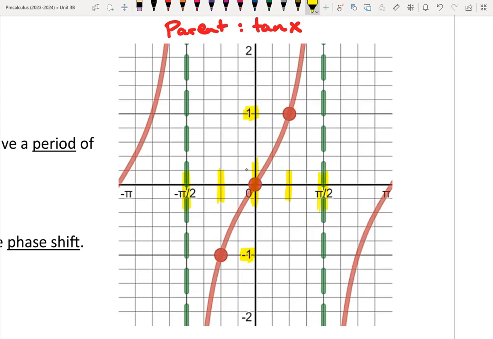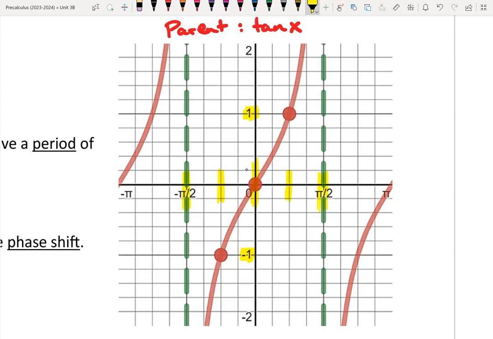So we'll have those quarters of the period, which will actually then create those 5 key locations like we did with sine and cosine. That would be vertical asymptote, first point down at negative 1, second point at the x-axis or at 0, third point up at positive 1, and then vertical asymptote to finish off the period.